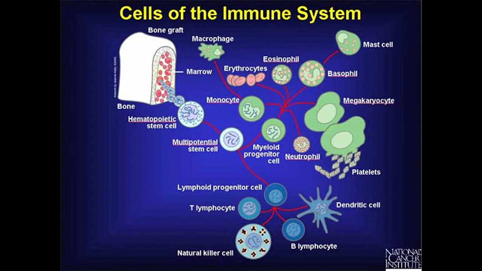Going upward, we have the myeloid lineup, and towards the bottom, we have the lymphoid progenitor cells, which give rise to four types of cells. We have the T lymphocytes, the B lymphocytes, the dendritic cell, and the natural killer cell.